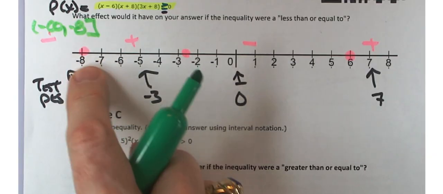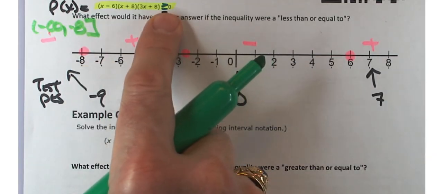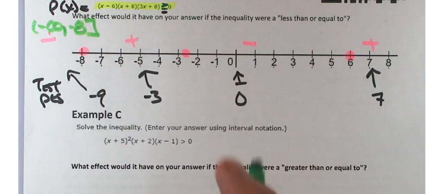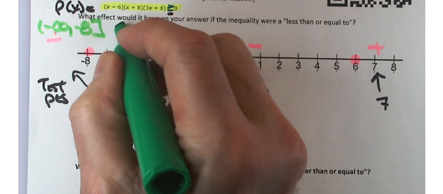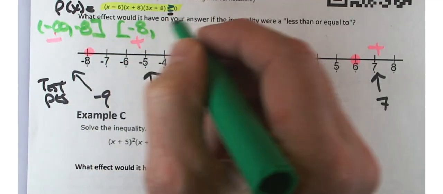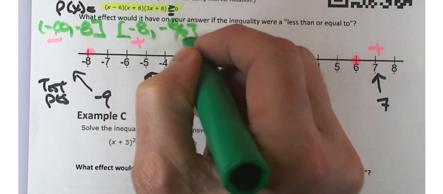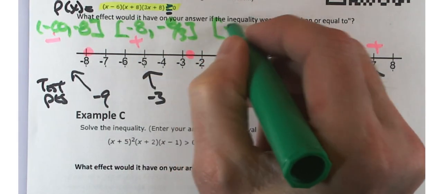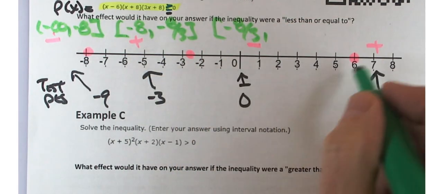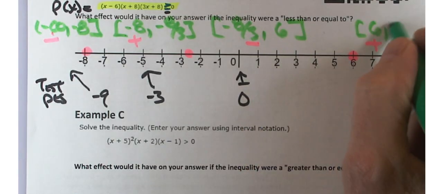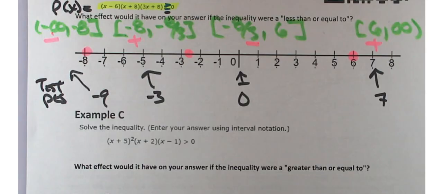I can use that negative 8. Negative 8 would just mean I'd have 0 is greater than or equal to 0. That's true. This next interval is negative 8 to negative 8/3. And then negative 8/3 to 6. And finally, 6 to infinity. Those are my intervals.